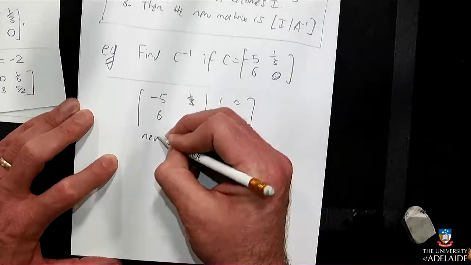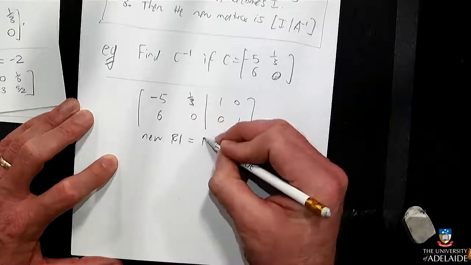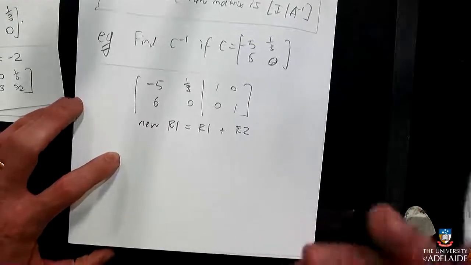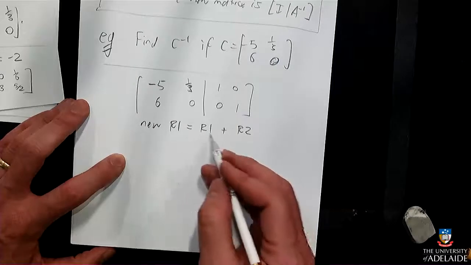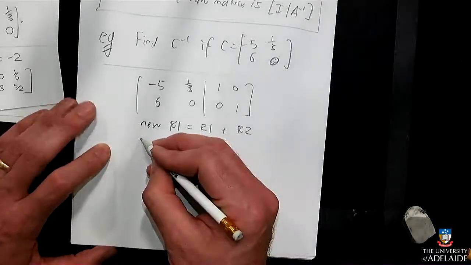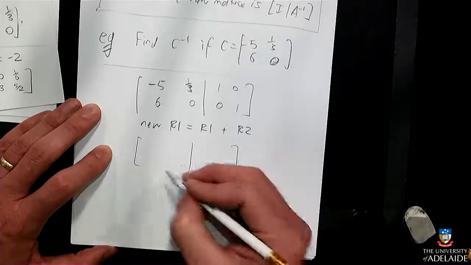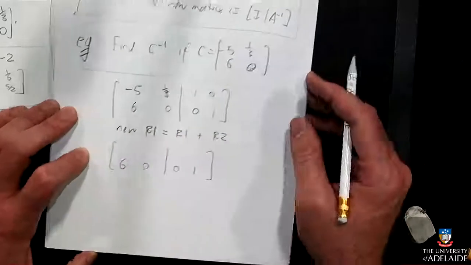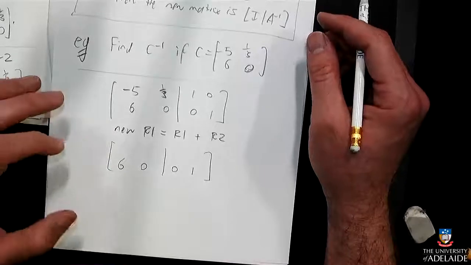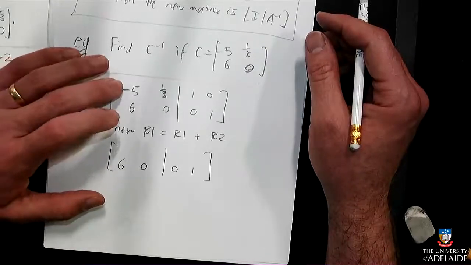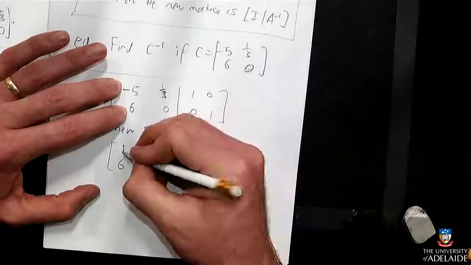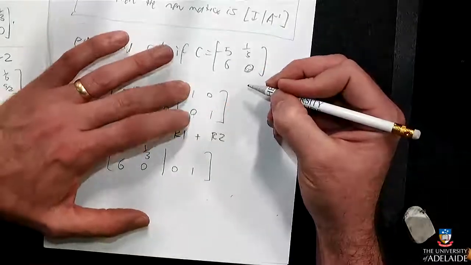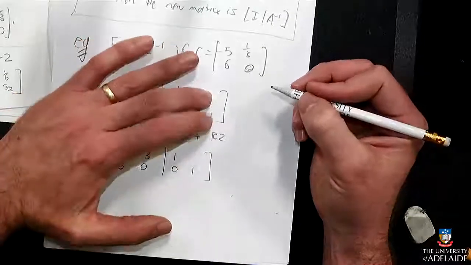So my new row 1 is my old row 1 plus my row 2. And so it's technically one of the proper elementary row operations, row 1 plus 1 of row 2. So let's see. I didn't change row 2. I reckon I can do that one without actually writing out the working. Minus 5 plus 6 is 1. 1/3 plus 0 is 1/3. 1 plus 0 is 1. And 0 plus 1 is 1.